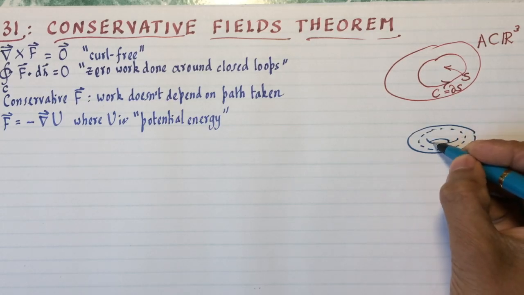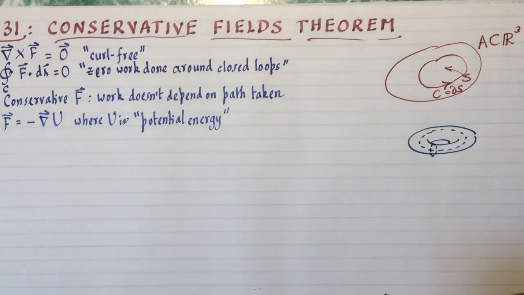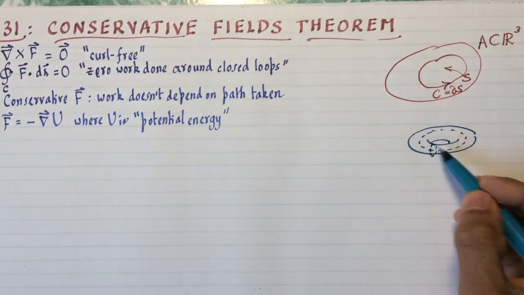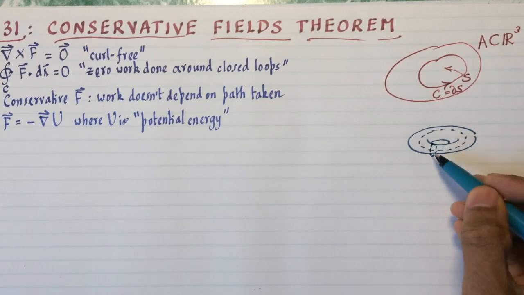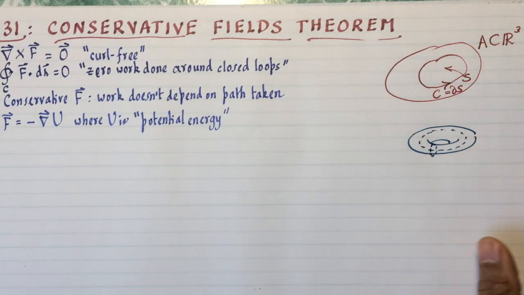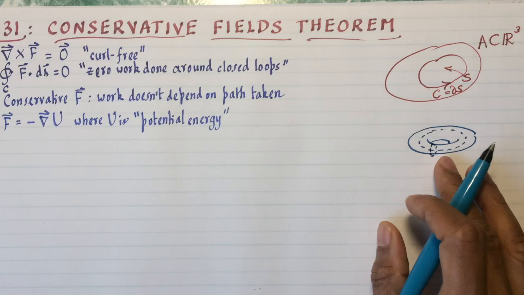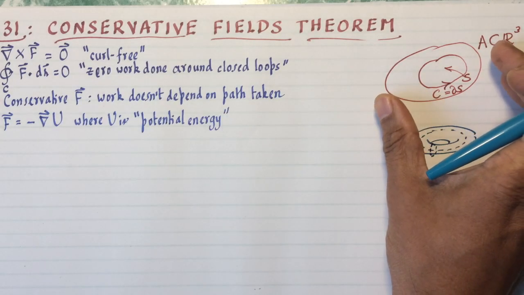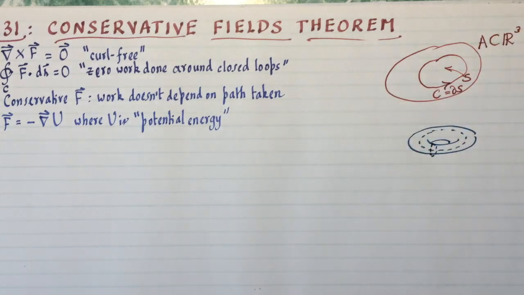Or for example, another curve I can take is the one that goes around the torus like that. That also cannot be shrunk to a point. So the existence of these two classes of curves makes this a bad candidate for this theorem. In fact, you can easily show that this theorem is violated for something like this. But for something like a sphere, when I say sphere, I mean a solid ball or a potato or something like that, you have validity.